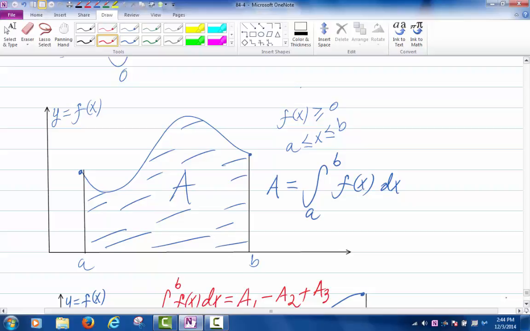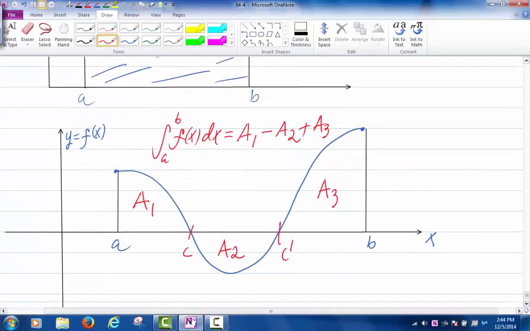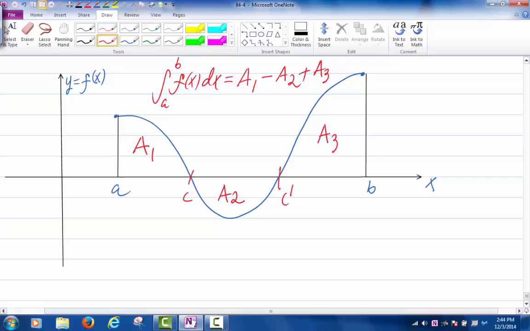Now, what if f is not non-negative? What if f is not non-negative? Then what does the definite integral mean geometrically? Well, let's see. Suppose that I have a function f now, and it has some negative values.